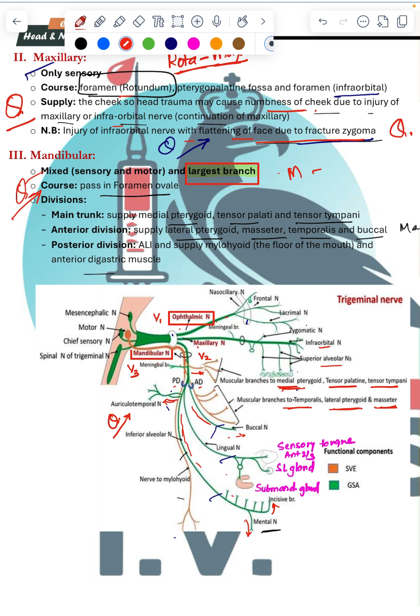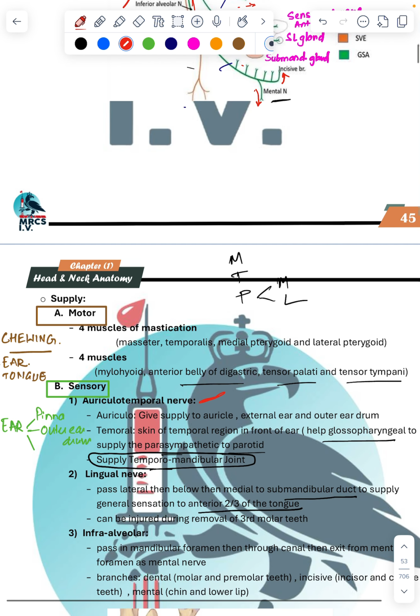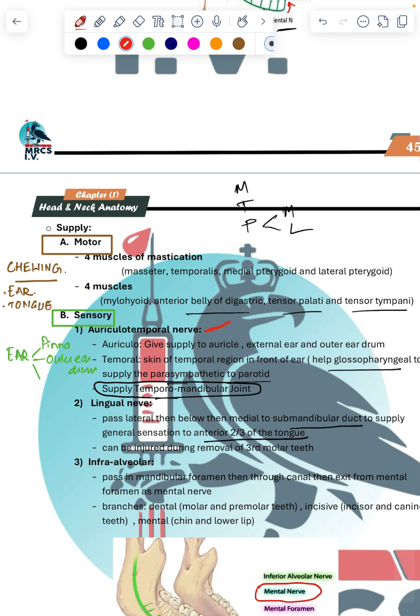You get the anterior division, as shown on the figure. So the motor supply is important for the muscles of mastication. Chewing is the basic function, plus ear and tongue. It supplies the muscles of mastication: masseter, temporalis, lateral pterygoid, medial pterygoid.